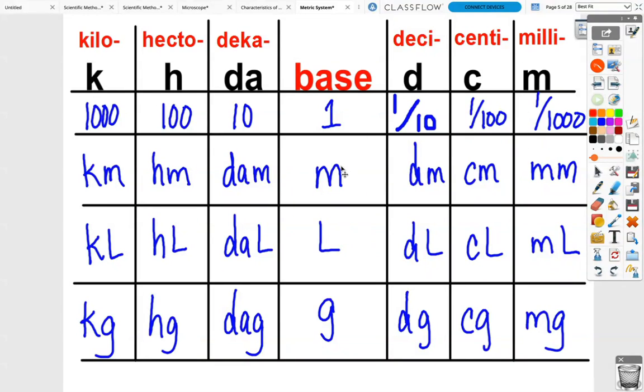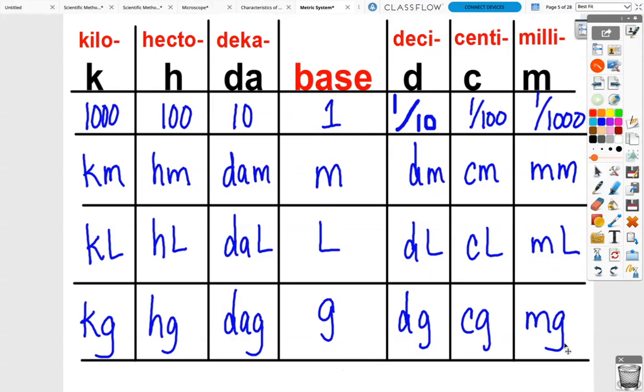It may take you a little bit of time to get this chart copied, but like I said, you can pause this video at any time. We focused on meters, but it's the same for liters and grams. Liter would be your base unit, and a kiloliter would be equal to 1,000 liters, whereas it would take 1,000 milliliters to equal 1 liter. Same thing with grams. Gram being your base unit, it would take 1,000 grams to equal a kilogram, since a kilogram is a bigger unit of measure.